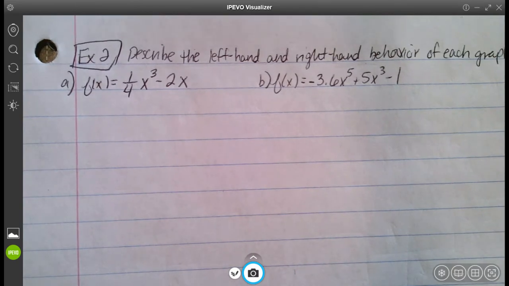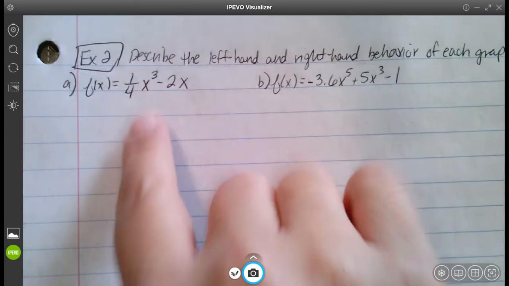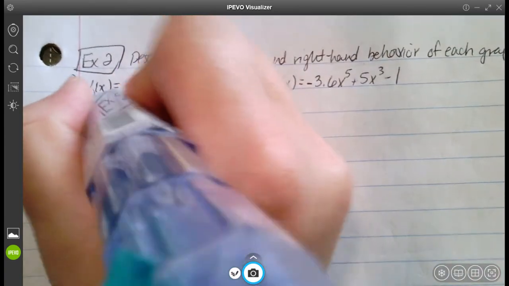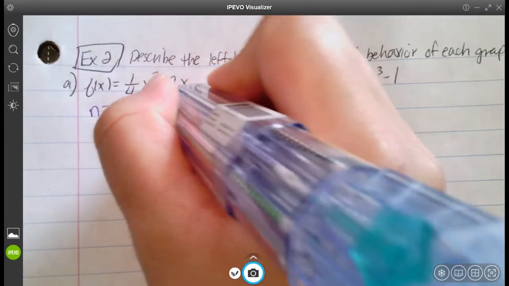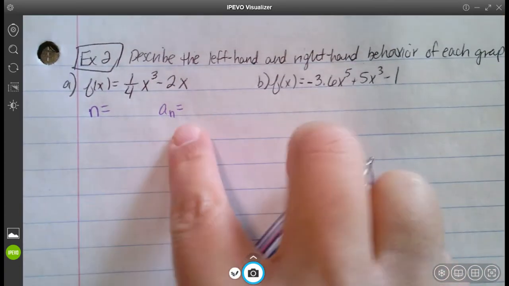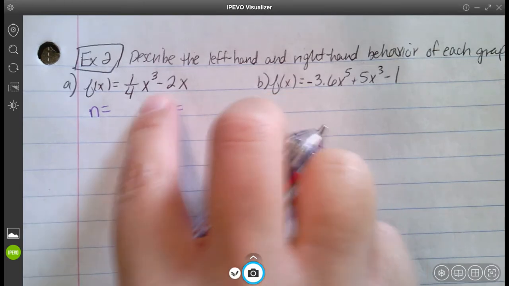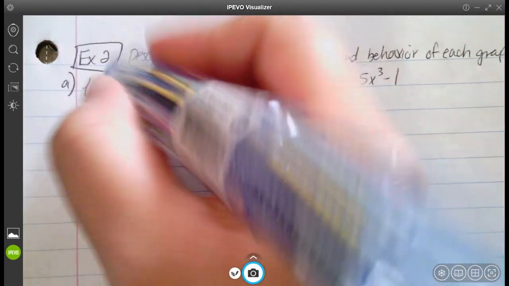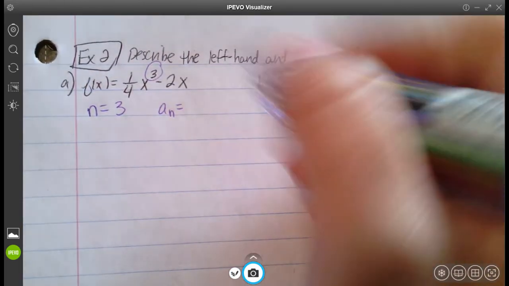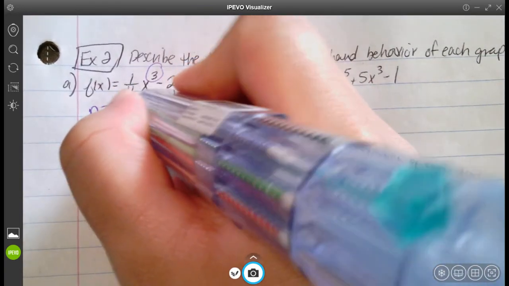Okay, so the first thing I'm going to do is identify what my n is and what my a sub n is. Remember, the n is the degree, and this is my leading coefficient. So the degree for this one, the highest one looks like it's going to be that 3, which means that this is going to be odd.